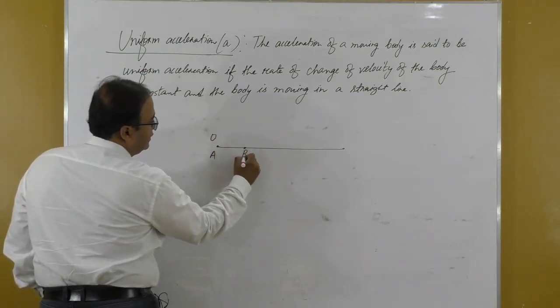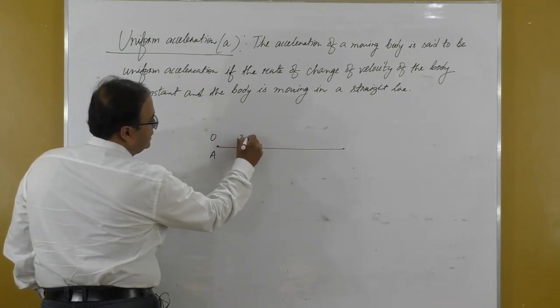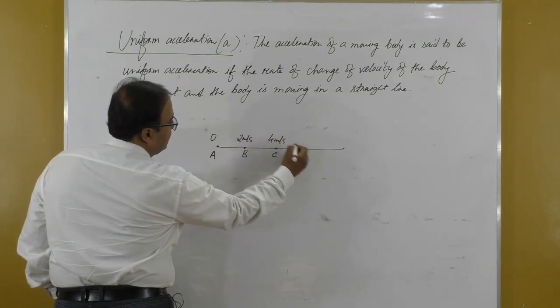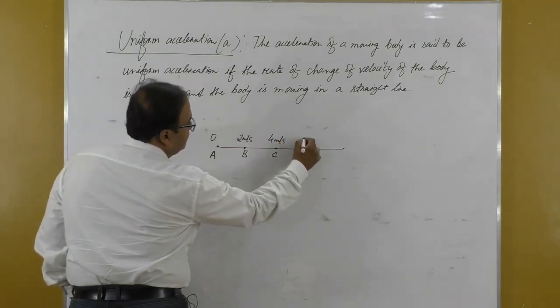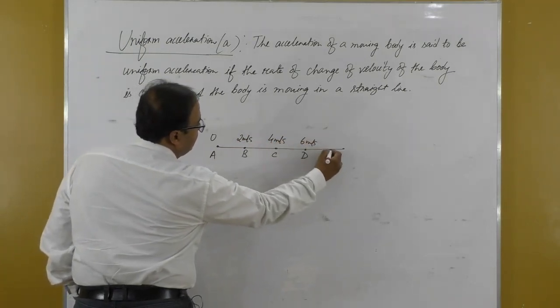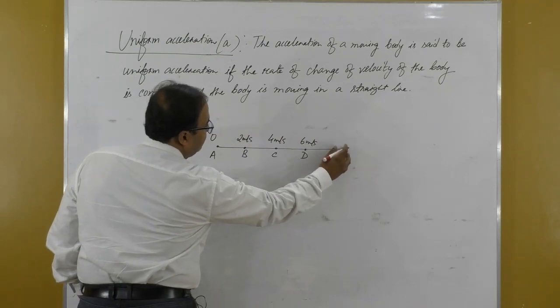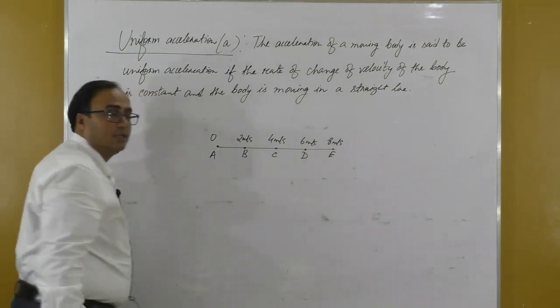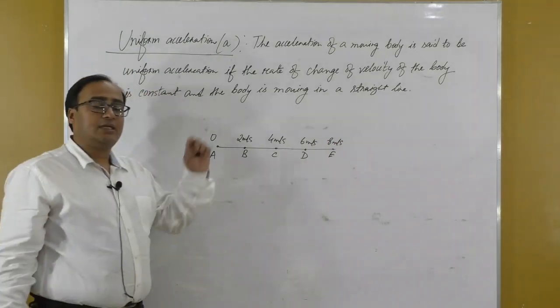At B the velocity becomes 2 meter per second. At C the velocity becomes 4 meter per second. At D the velocity becomes 6 meter per second. At E the velocity becomes 8 meter per second. So the velocity of the body keeps on increasing.